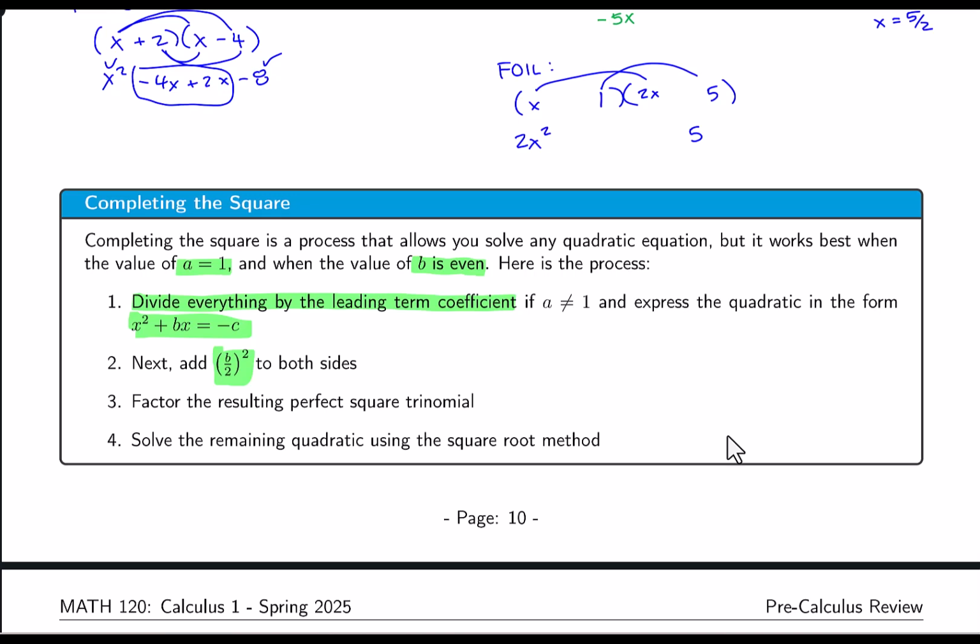And when you have a perfect square trinomial, then you need to factor that. When you factor that, you can solve the remaining quadratic using what's called the square root method, which is just basically you have the square of an expression equal to a constant, so you just take the square root of both sides in order to solve. So you don't really need any kind of factoring from that point.